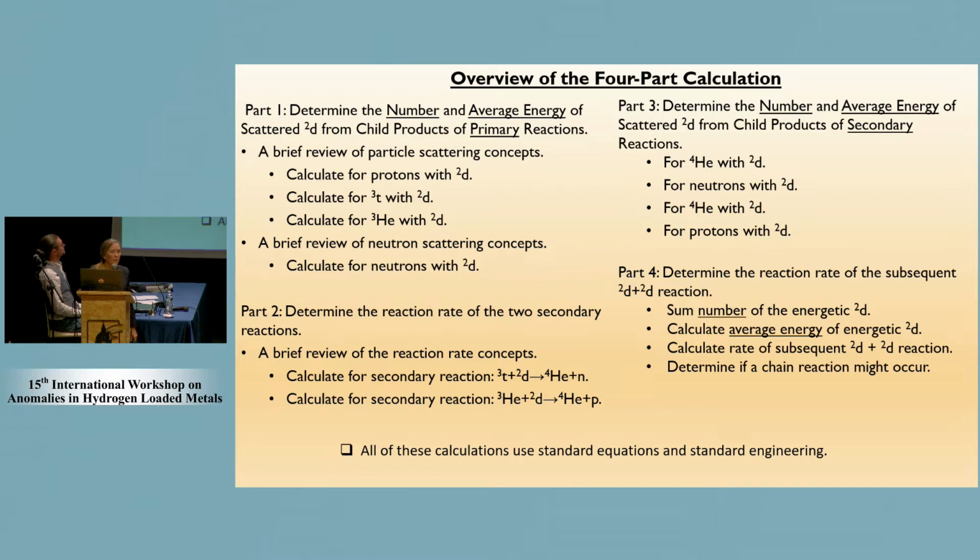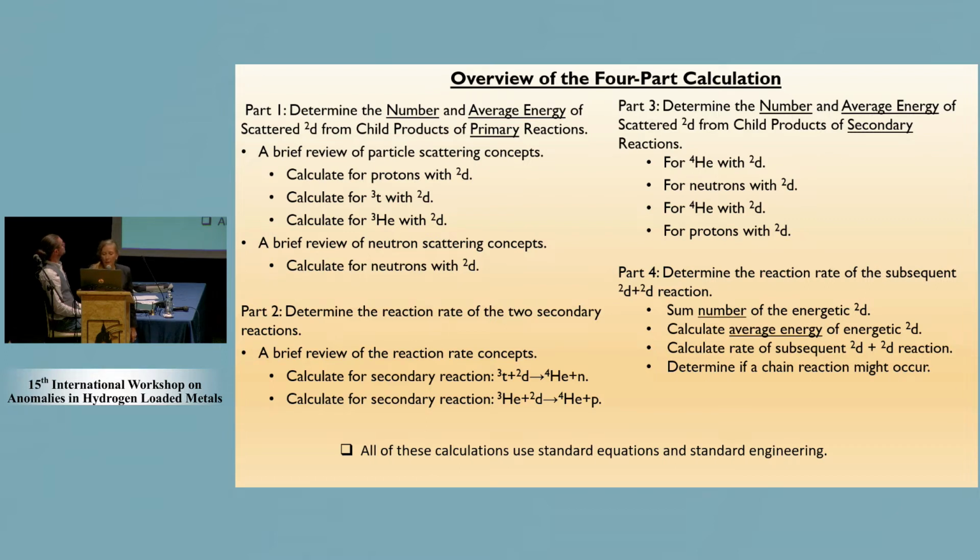This calculation is done in 4 parts. Part 1, determine the number and average energy of the scattered D2 from the primary child products. Part 2, determine the reaction rate of the 2 secondary reactions. These first 2 parts will be the most time-consuming sections of this talk.